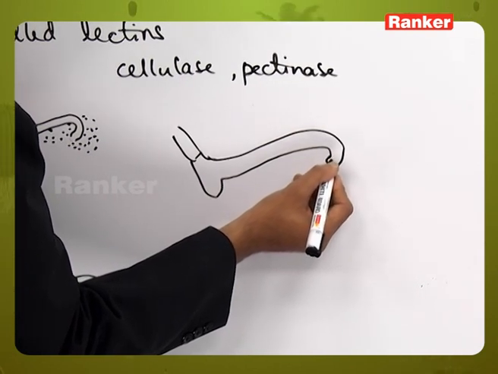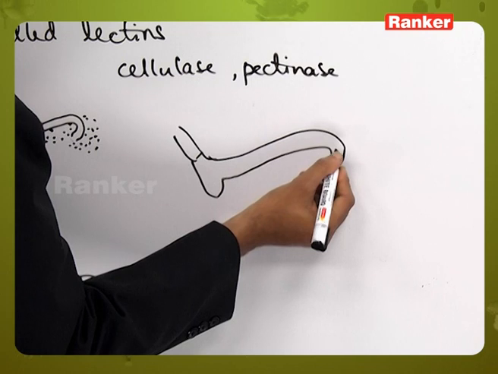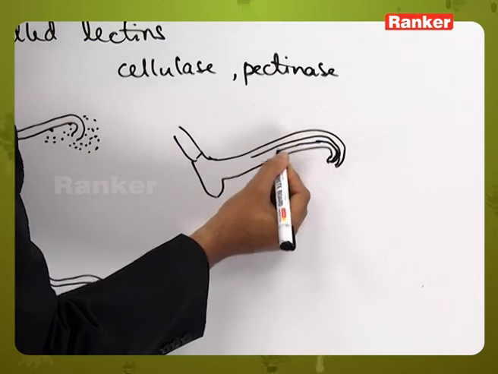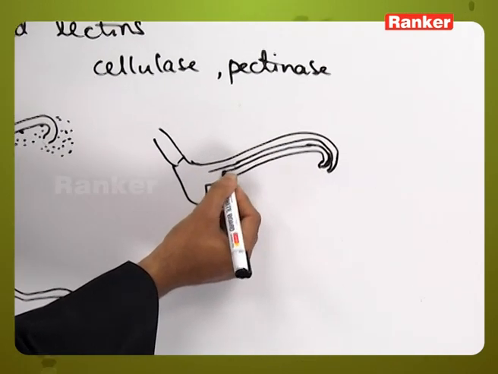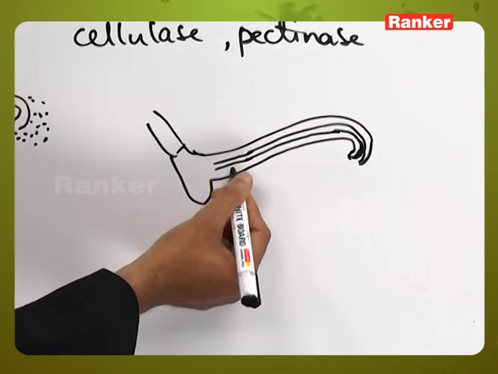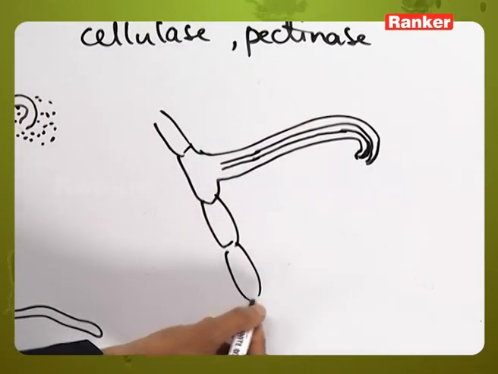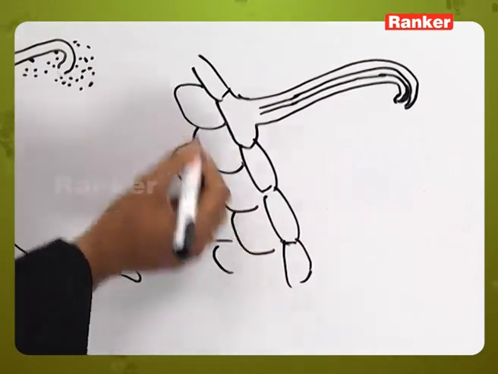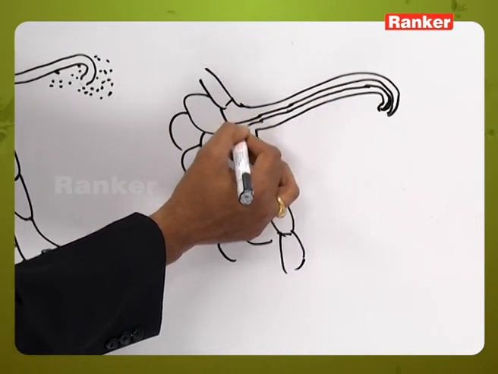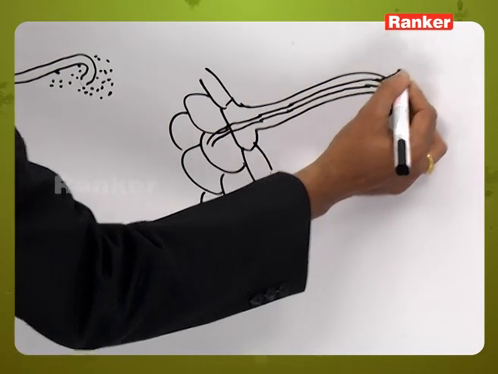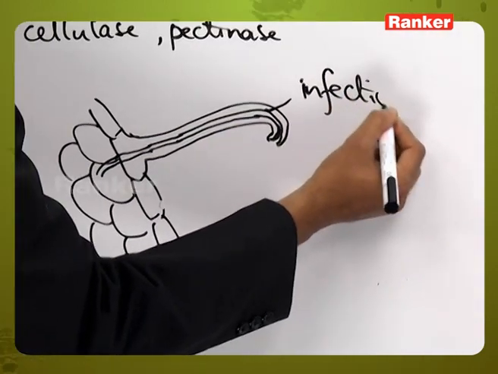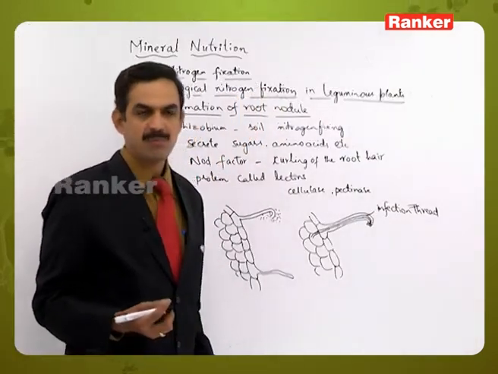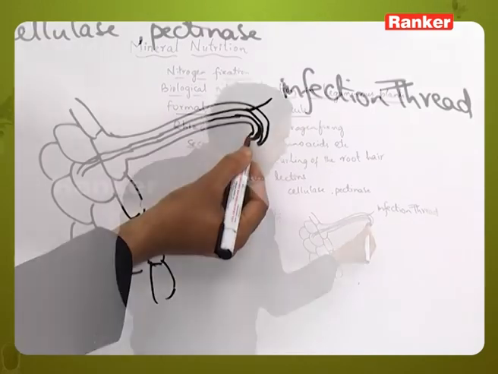The cell wall will start invaginating towards the inner side, and this invagination formed by the plasma membrane will pass throughout the length of the root hair, and gradually it will enter into the inner tissue. This thread-like structure which has been formed and invaginated into the inner tissue, we call an infection thread. This infection thread is formed by the invagination of the plasma membrane, and it now shows a passage for the bacteria.